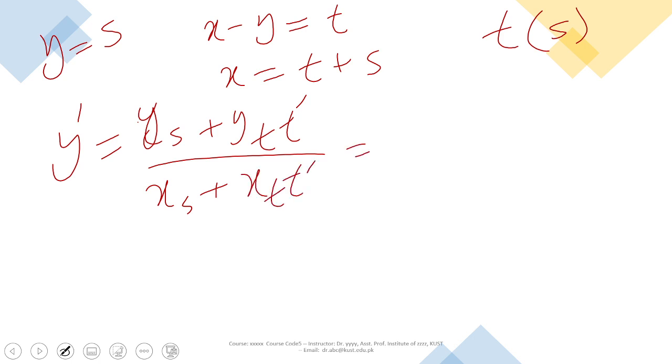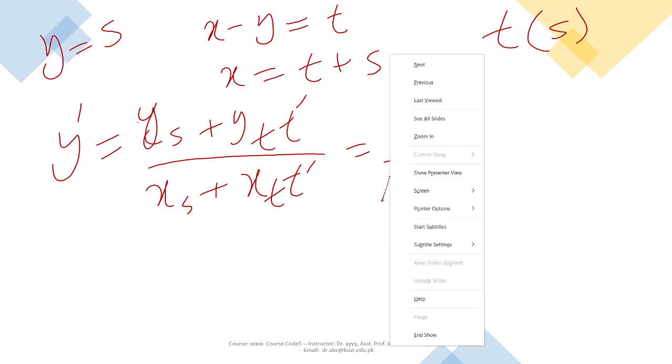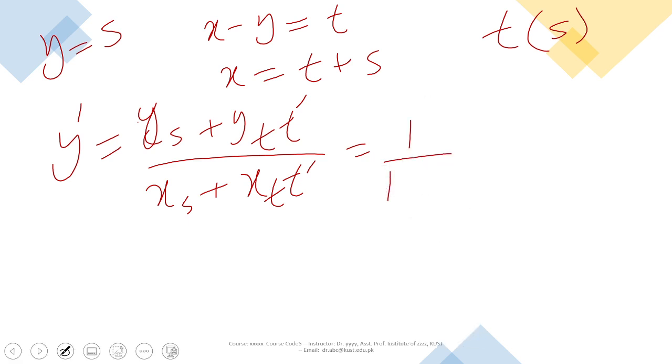So ys is 1, yt is 0, xs is 1, xt is 1 plus t dash, so y dash is 1 over 1 plus t dash.